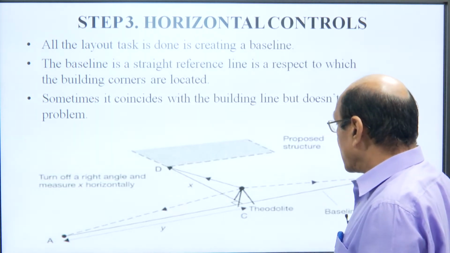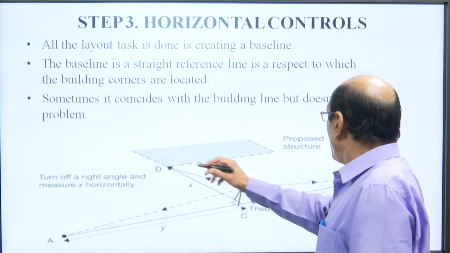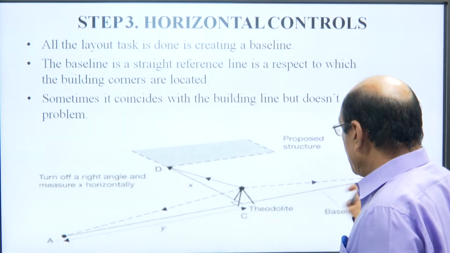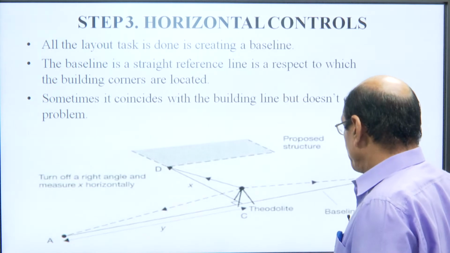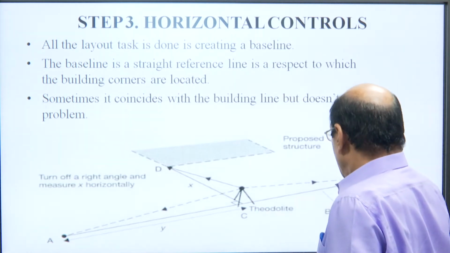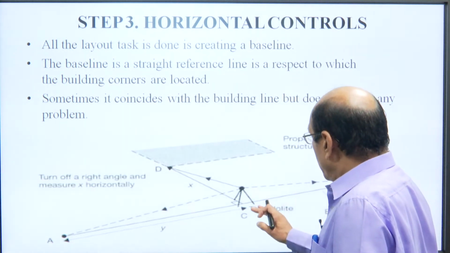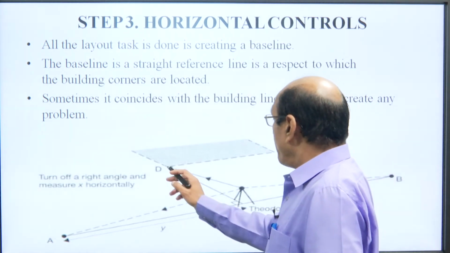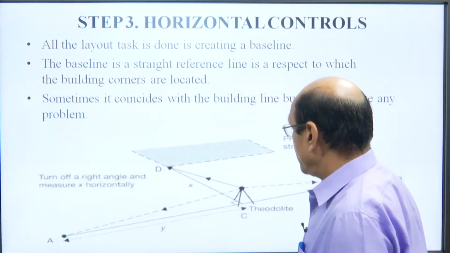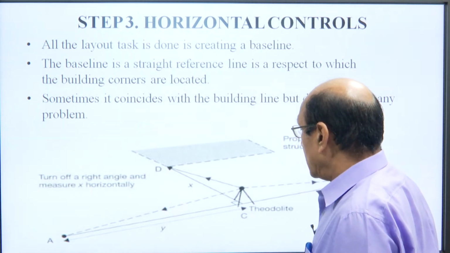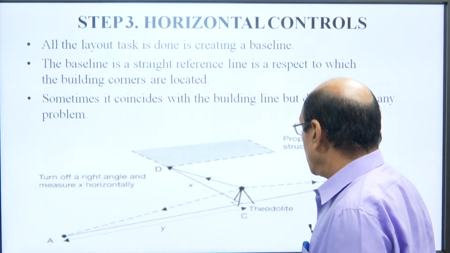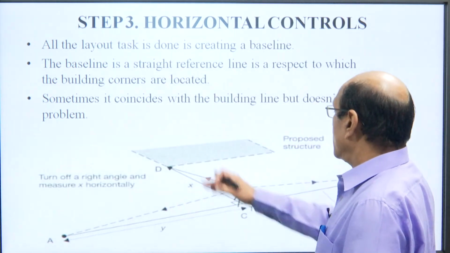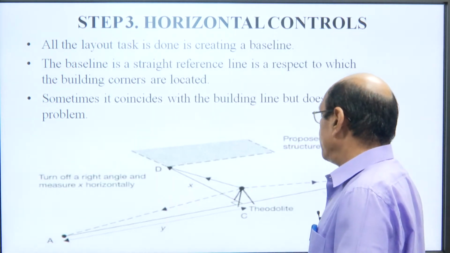We can see here, this is the proposed structure site, this is A and B, this is the baseline, here is the third line. So, by the third line we can mark the position of D. And it is marked horizontally on the line.